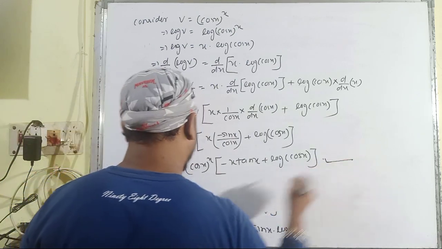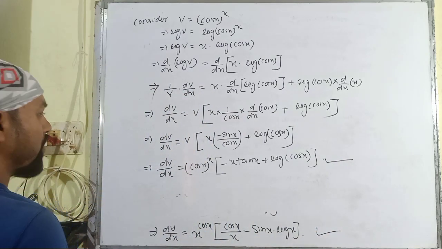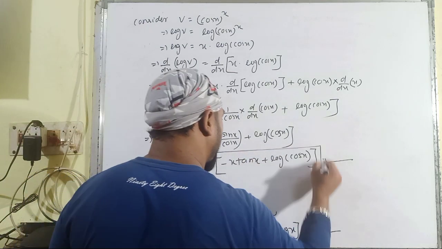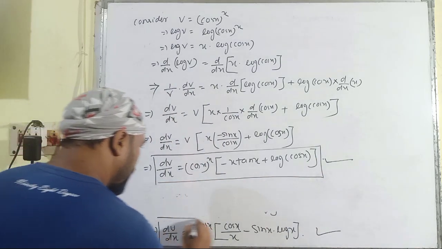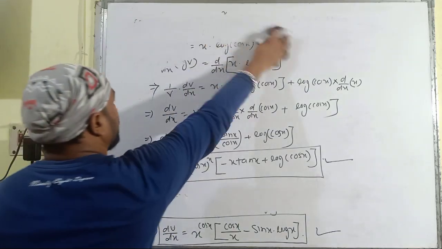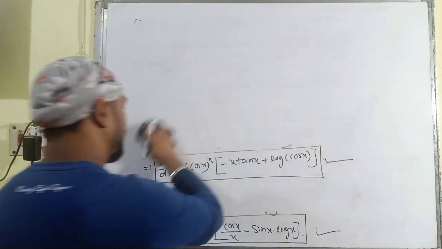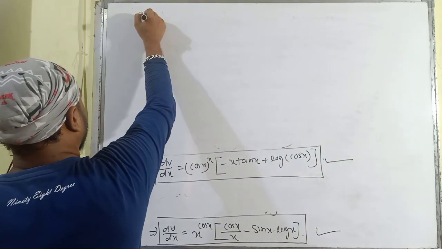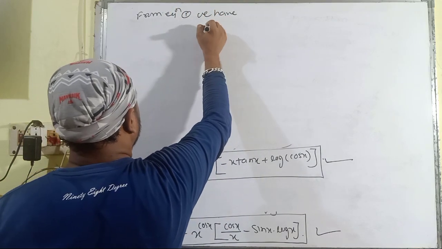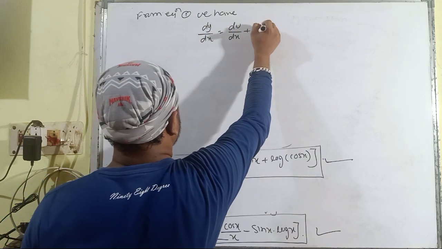So here it is dv upon dx and this is du upon dx. So from equation 1, these two values are required to find out the complete solution. From equation 1, we have dy upon dx is equal to du upon dx plus dv upon dx.